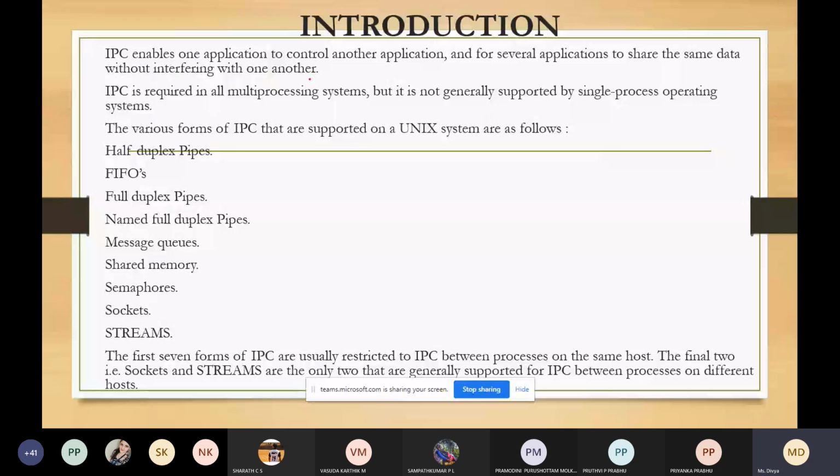So IPC will allow one application to control another, as well as allow sharing of the same data by several applications.